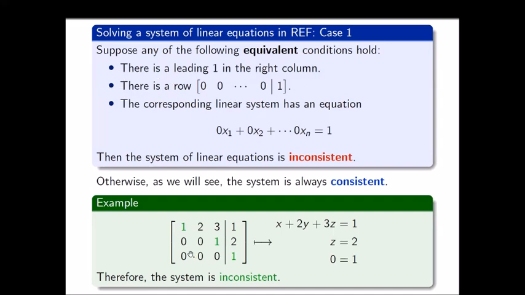Now when we convert this back to a system of linear equations, we get x plus 2y plus 3z equal to 1, 0x plus 0y plus 1z equal to 2, and 0x plus 0y plus 0z, which is 0, equal to 1. Now 0 equal to 1 is not true, and therefore there are no x, y, and z that are going to give me 1 in this third condition. So the system is inconsistent as it has no solutions.